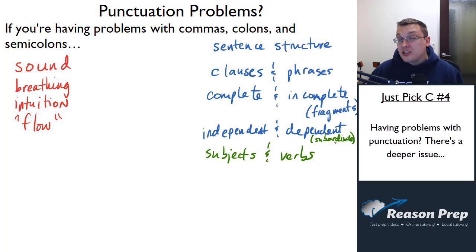Once you understand this foundation, the punctuation rules just kind of attach on top of it. But the rules aren't the hard part. It's the underlying stuff that you need to get first. Once you get that, the rules are rather straightforward. So understand sentence structure, and that can help you understand commas, colons, and semicolons.